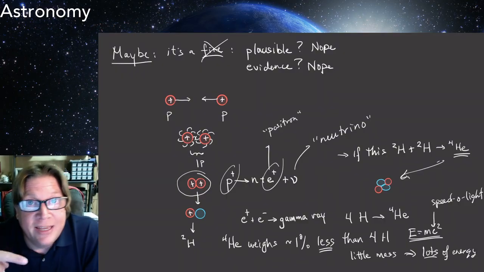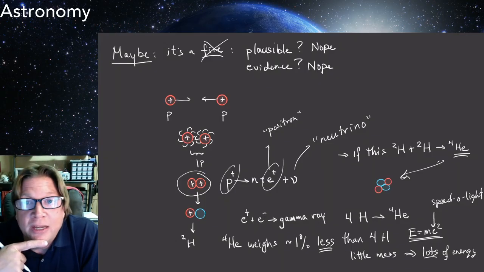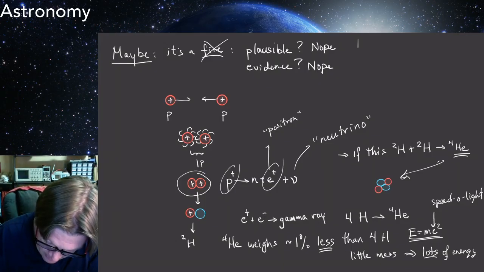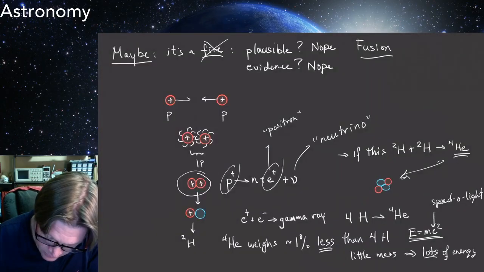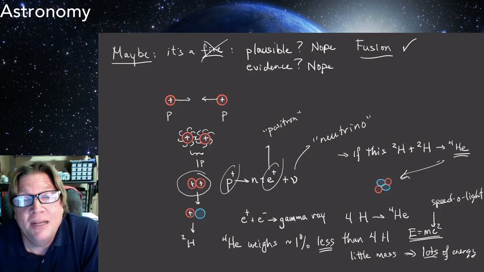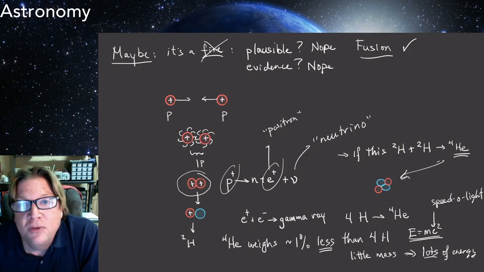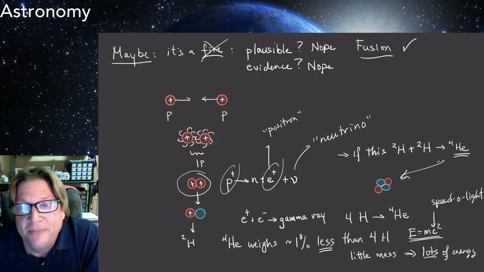So if you calculate that by all the atoms available in the center of the sun to undergo fusion, what you wind up with for fusion is that, yep, it's plausible because you get a possible lifetime of the sun of about 10 billion years, which works out great because the sun is about 5 billion years old. So the sun is about halfway through its life. So fusion is plausible. It can account for the long lifetime of the sun, no problem.